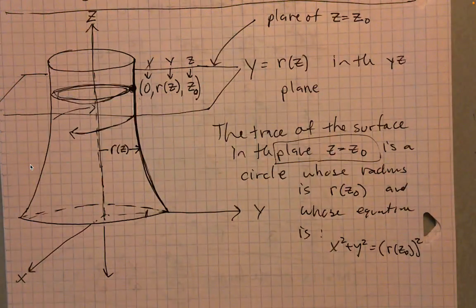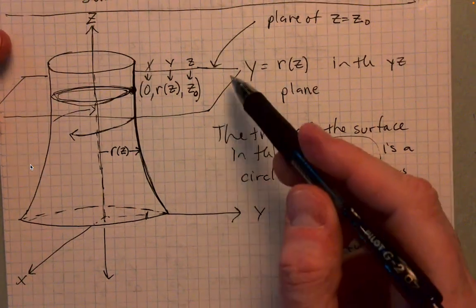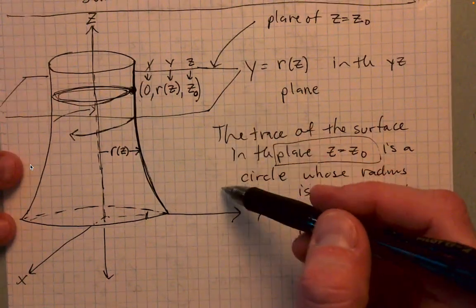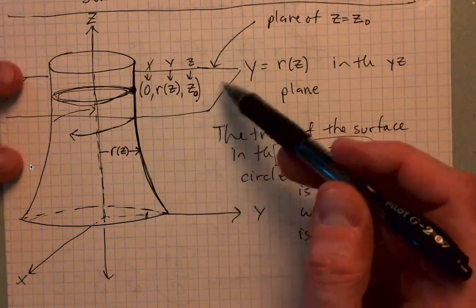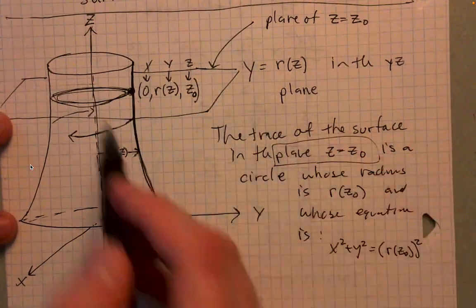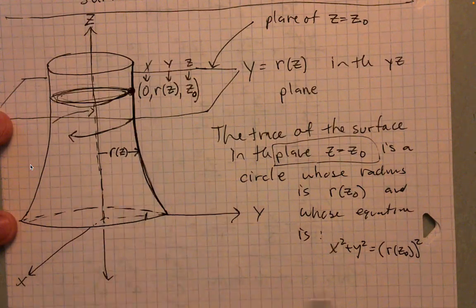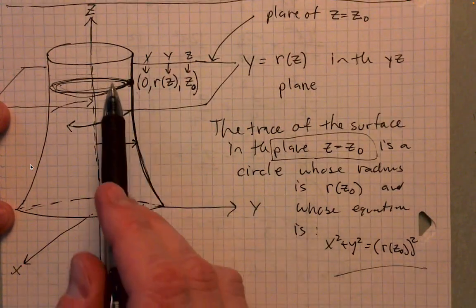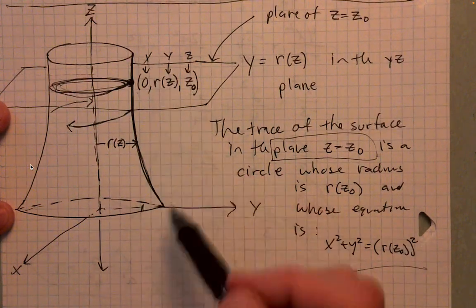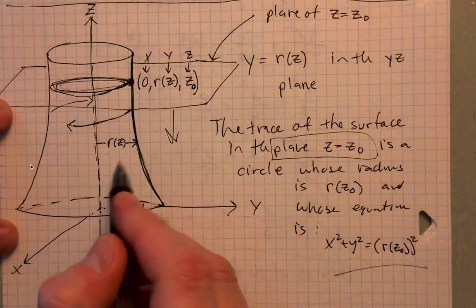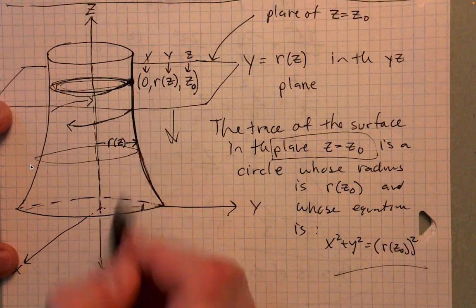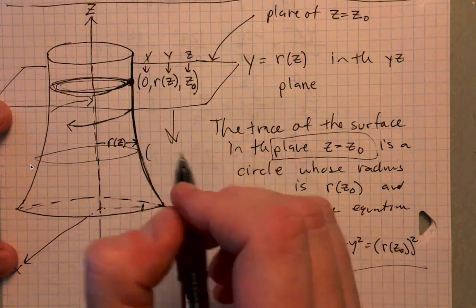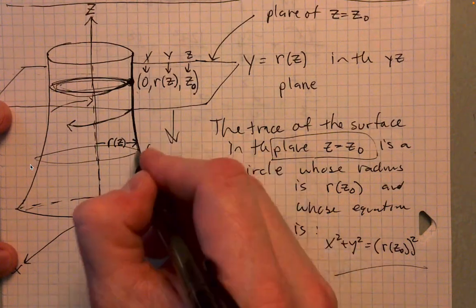Whatever z, and I say z0, it's z naught, whatever this fixed value of z happens to be. The whole idea is I can move this plane up and down, and wherever z naught happens to be, there's going to be a circle there defined by this equation, because obviously the radius here will vary depending on the value of z naught. So if the plane goes down, you'll have some other z, and this point will change.